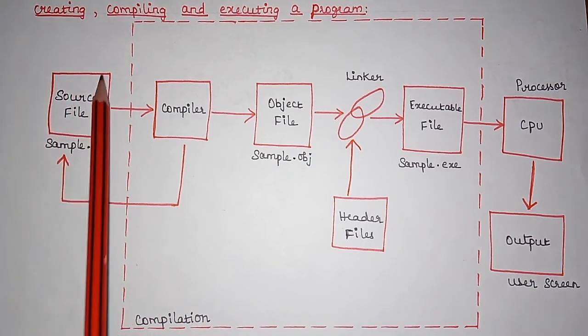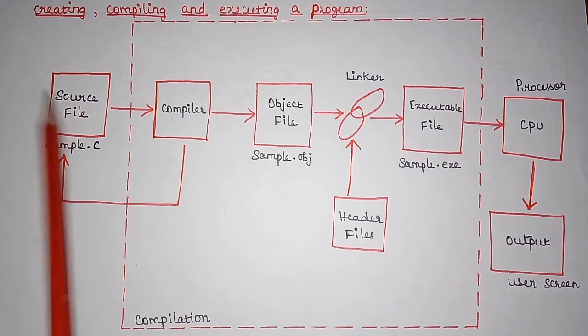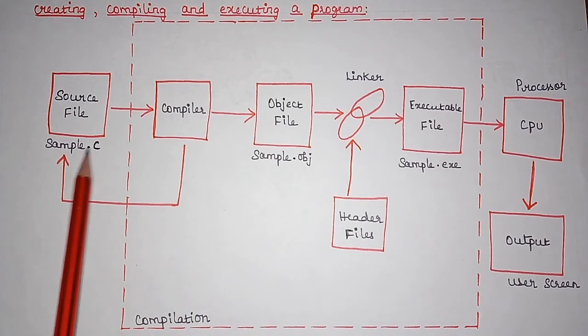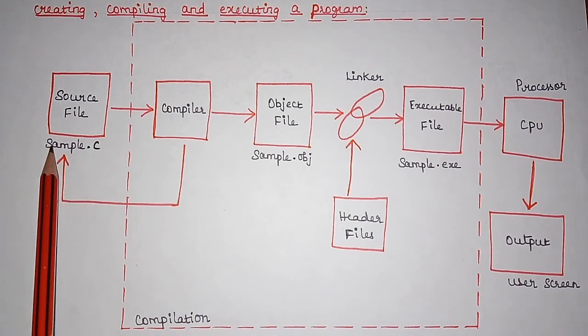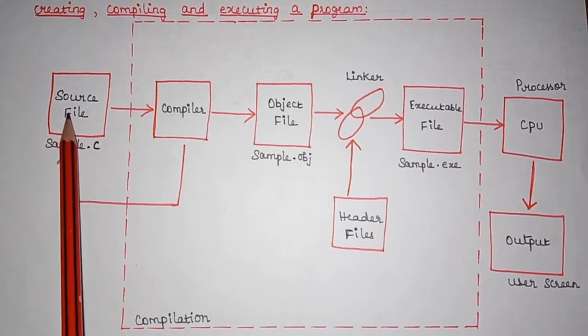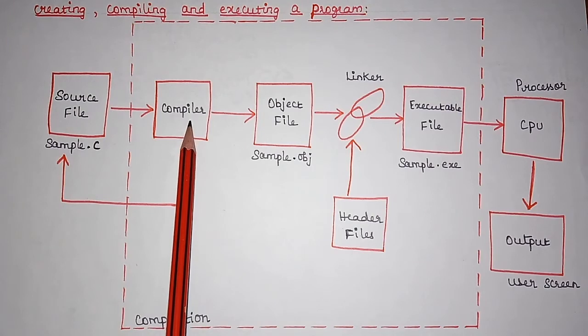First we create a source file, and that source file contains the code, that is, the source code. Here, for example, I have taken C code, so I'm saving it as sample.c. This is a C file, and once this file is created, it should be given to a compiler.